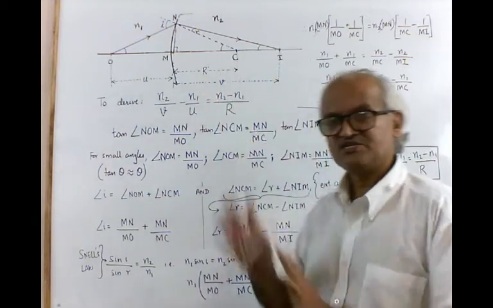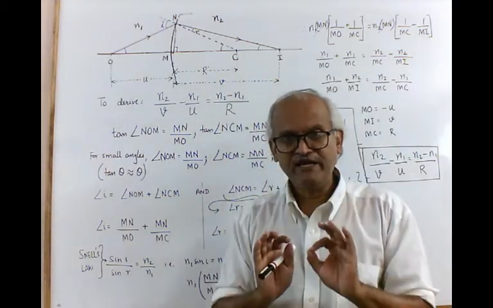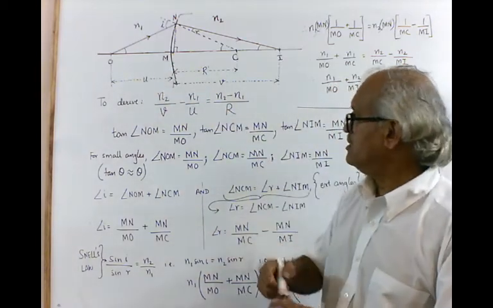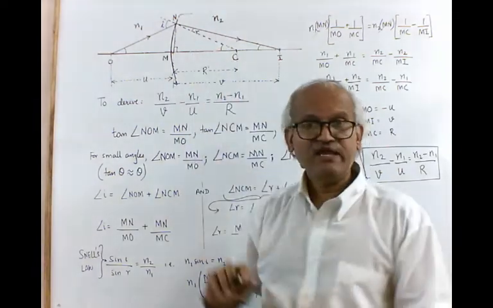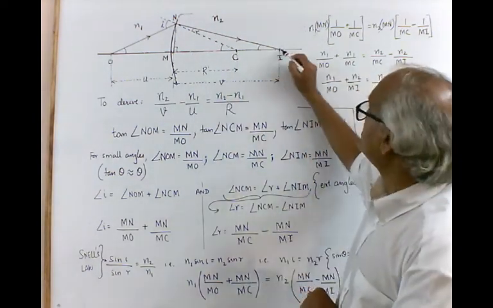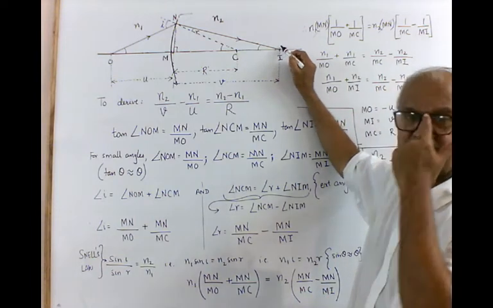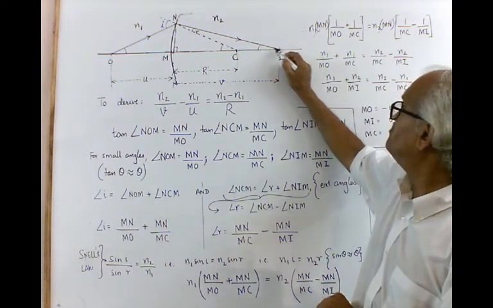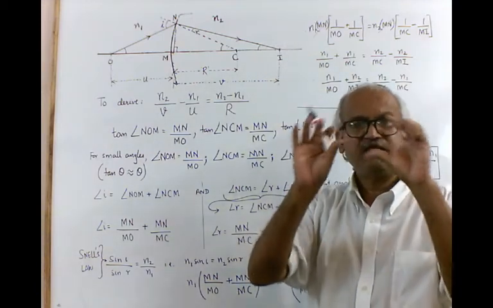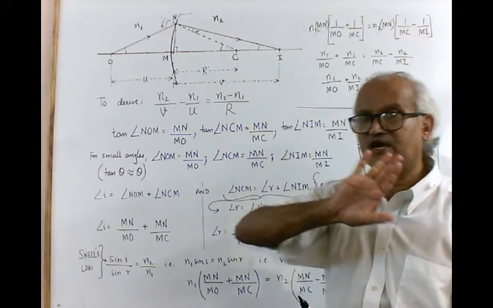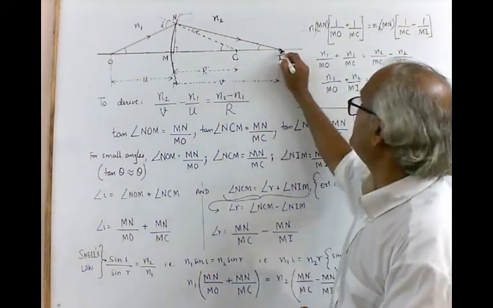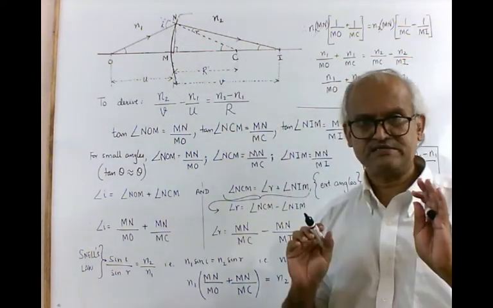And so our assumptions we find are quite valid for paraxial rays. However, if you talk of a ray going very far away, then this will not be a correct and valid assumption, and so your image will not form exactly as a sharp one point image, but it will be a little blurred image in a wider area. So that part we are neglecting at the moment. We are assuming sharp image for paraxial rays.